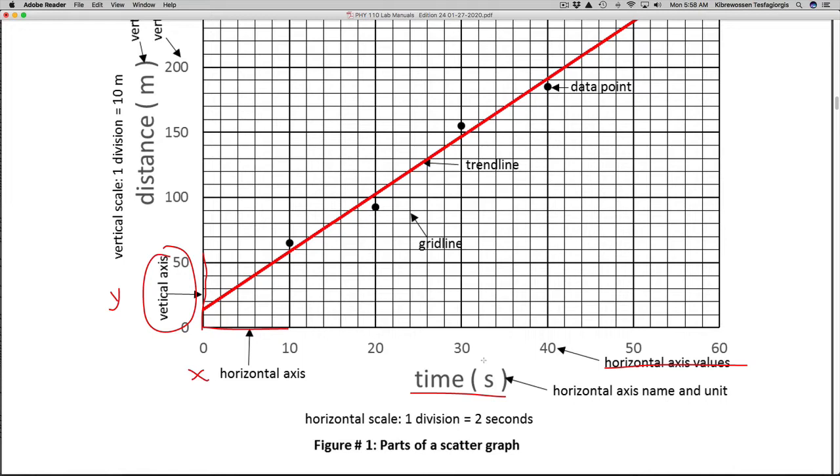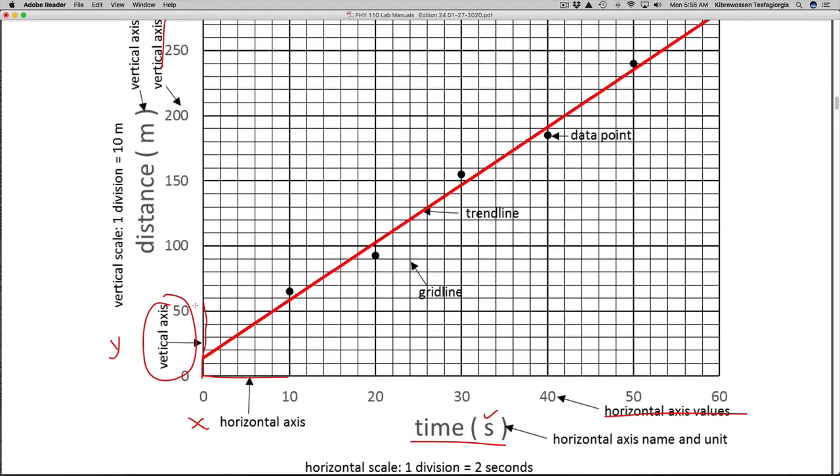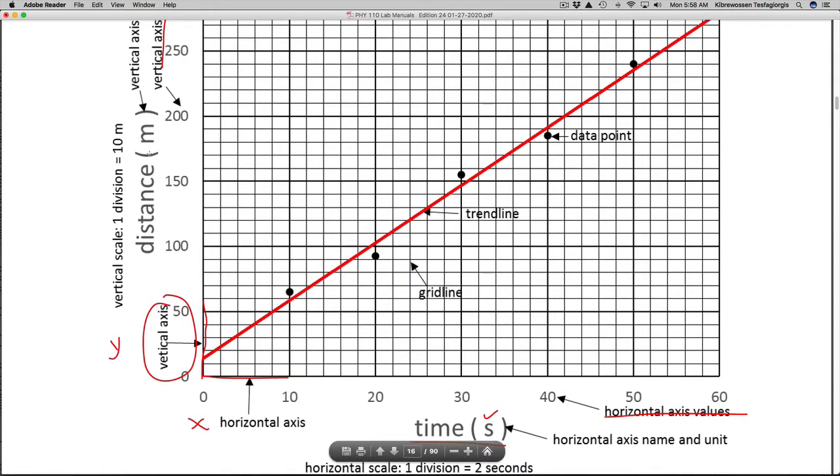Every physical quantity has to be expressed both in names and symbols, and then units, so you need to include units. And then there is the vertical axis or y-axis name and unit. In this example, it's distance and the unit is meter.